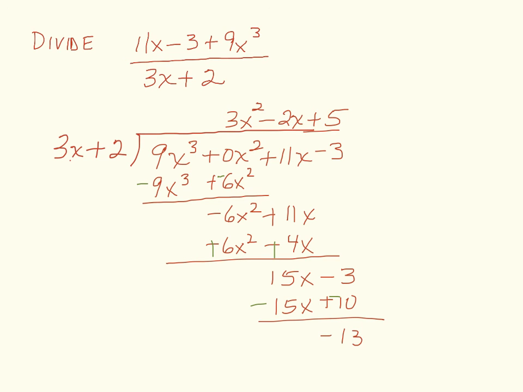And the 15x's cancel. So we're left with negative 13. So we put minus 13 over 3x plus 2. So all of that at the top is your solution.